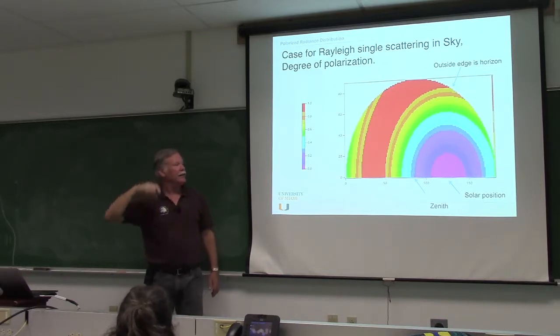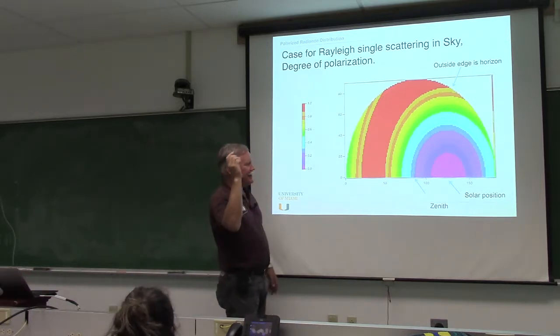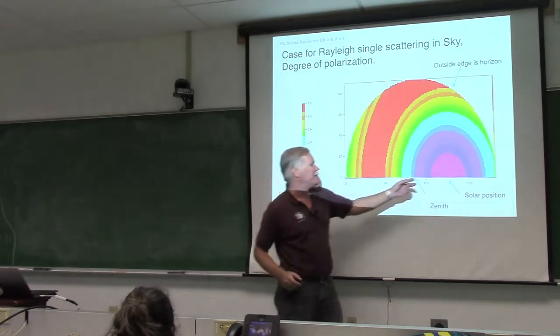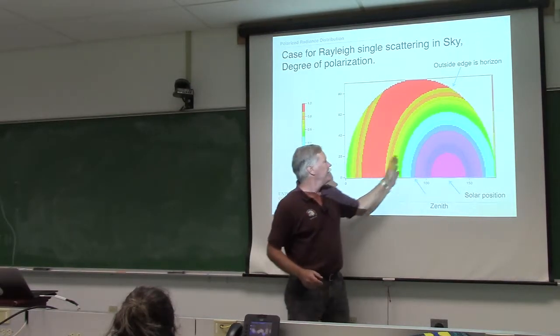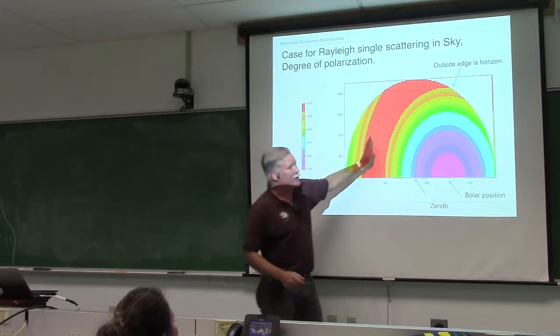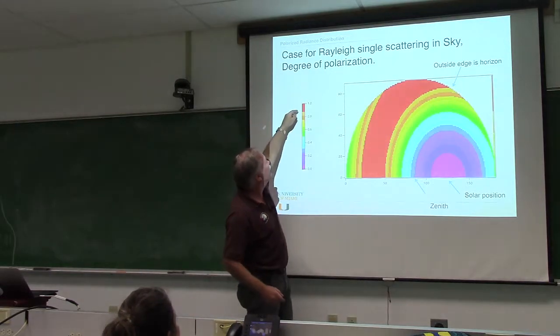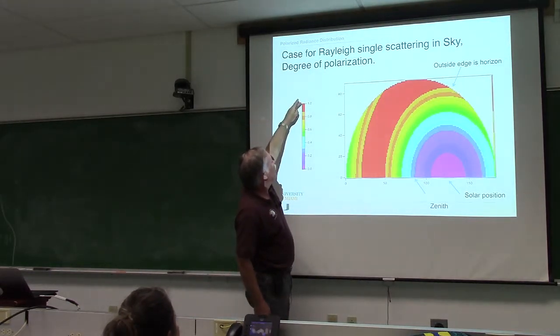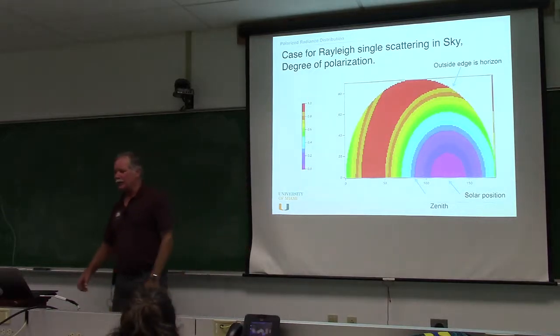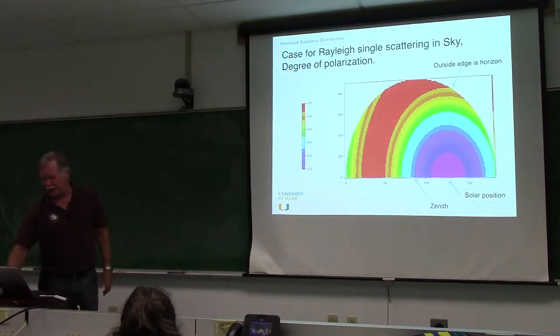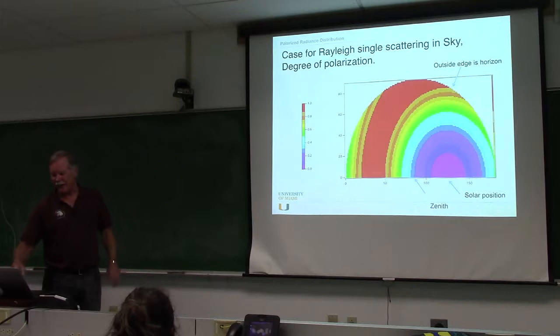Remember that? If you look toward the sun, not at the sun, but closer to the sun, you would see very little polarization. And this is that band of very high polarization. A perfect Rayleigh scattering would have a full 100% polarized in that direction. Single scattering.